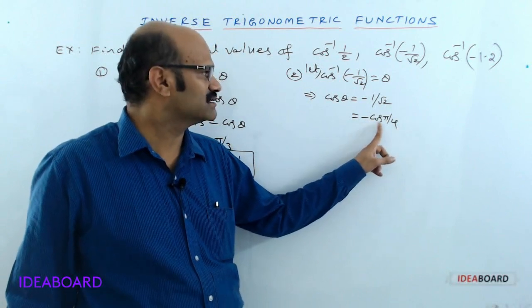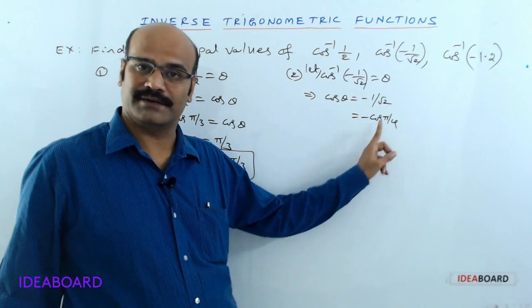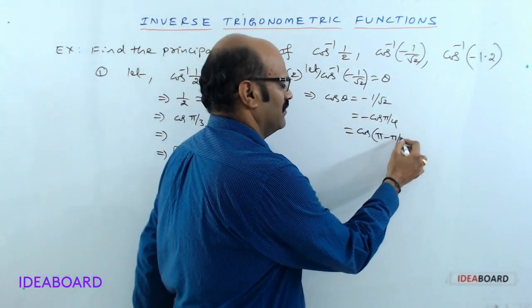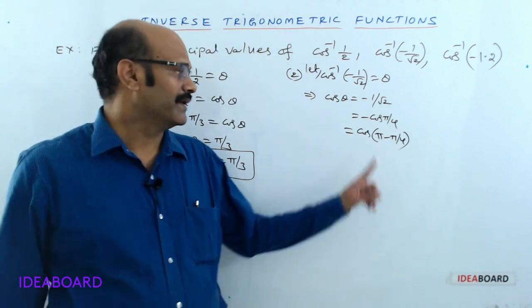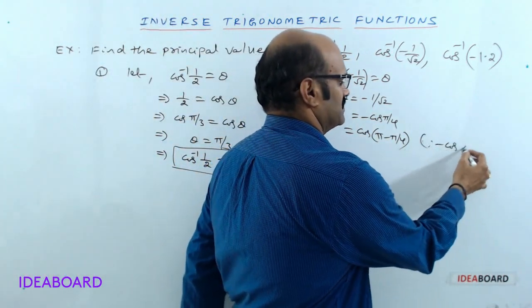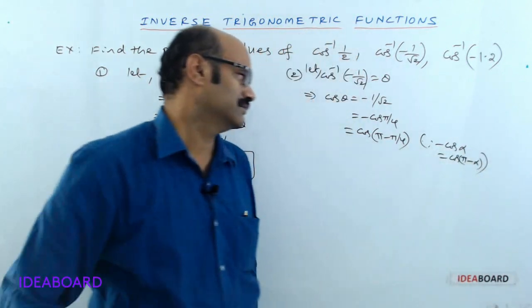We know that minus cos alpha is always equal to cos of 180 minus alpha.